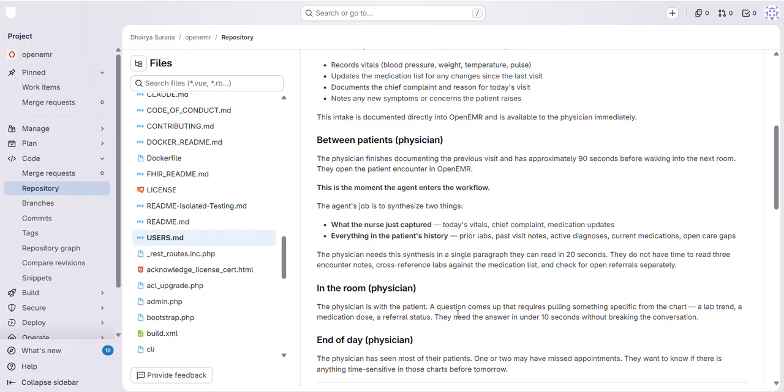So when I was designing the key use cases for this app, I wanted to make sure that the assistant is there to retrieve data and not make treatment decisions. That's a doctor's job.